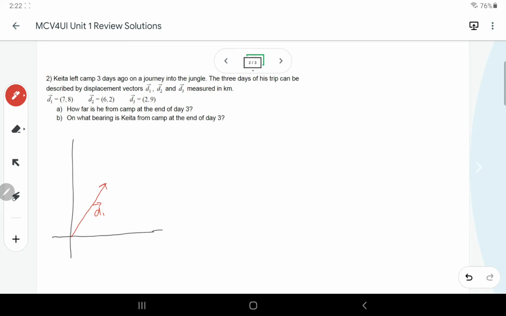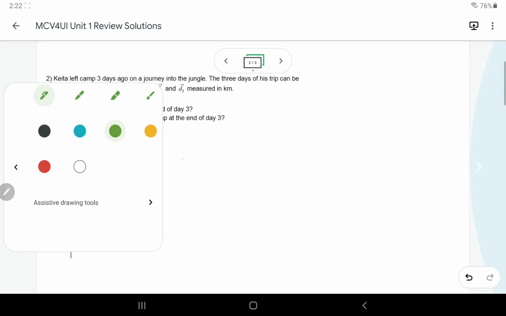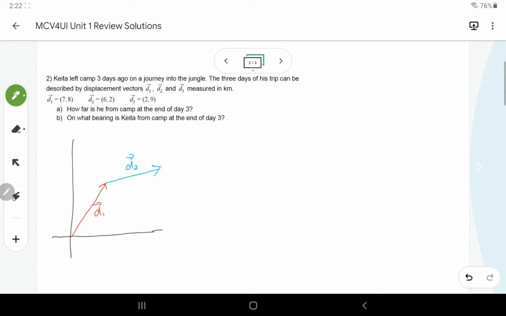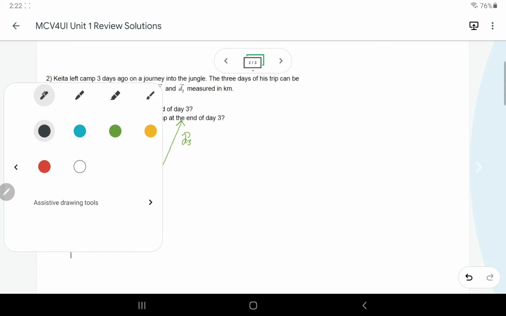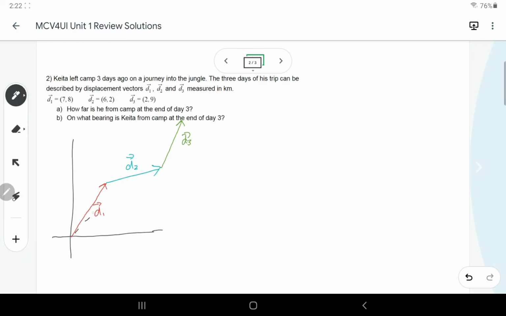So that's D1. D2, he's going 6 and 2, so more in that direction. This is not to scale, of course. And then D3, he's going 2, 9, so a little bit east and a lot north. So that's D3. Now we're going to have a resultant vector that I'm going to draw right through there, the sum of his travels over the course of those 3 days. He went different directions, but where did he end up?